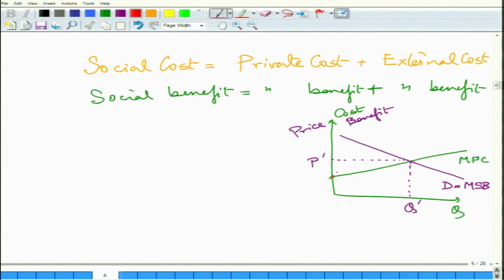The moment we have this marginal social cost, the equilibrium should be where social cost equals social benefit. Even if I haven't yet realized that I have a marginal social cost, I really don't know the marginal external cost.